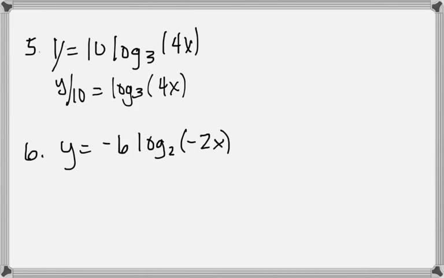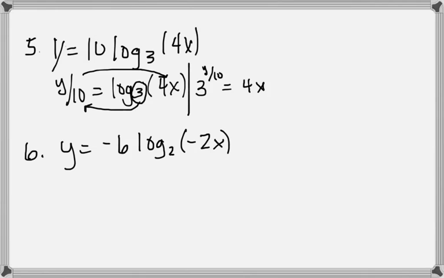Convert to exponential form. We take this 3 and raise it to this power, and it's equal to just what's inside the logarithm. So we'd have 3 raised to the y over 10 equals 4x. Now I switch x and y. Very good.